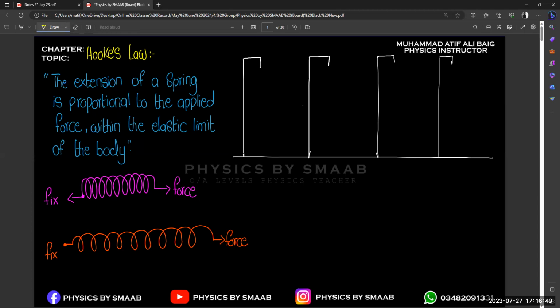Okay, so if we need to study the direct relation between force and extension, let's suppose we initially consider a spring. In the normal state, this is the original position of the spring, right? Nothing is connected with the spring. The spring is just freely hanging from the iron stand. So this is our first stage. After this, let's suppose we hang some equal masses after equal intervals.